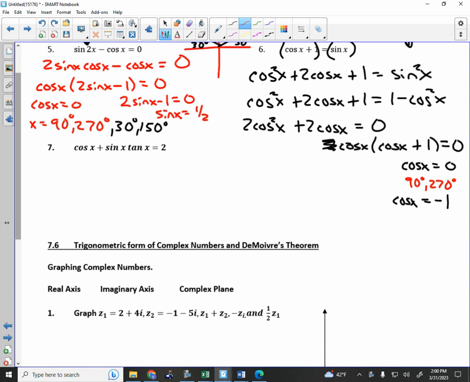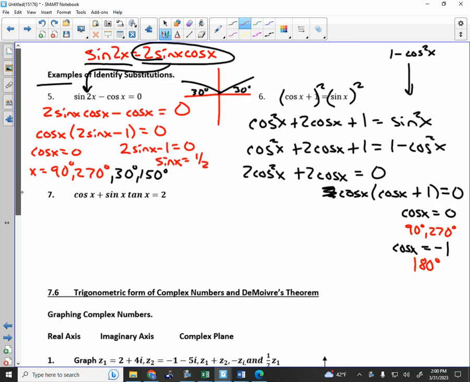And where is cosine equal to -1? 180. I'm so proud of you guys that you know these values. But what did we say, Rach? You got to check them because we all of a sudden have three solutions. There might be one, there might be two, there might be three. We don't really know. We're going to check.